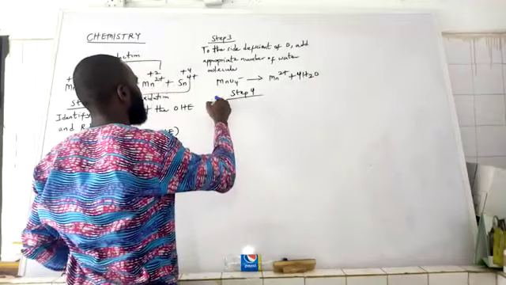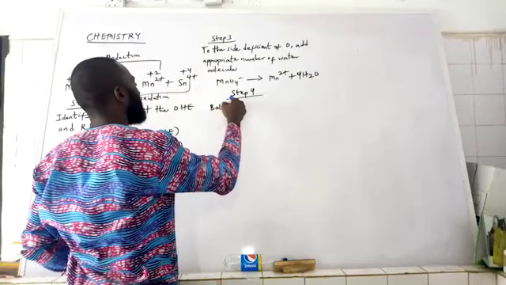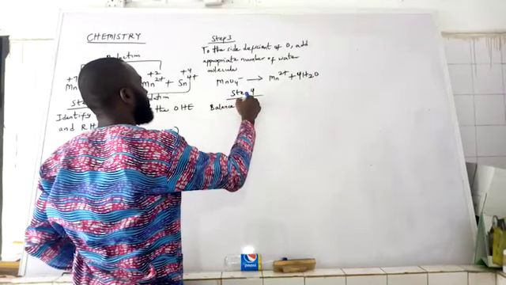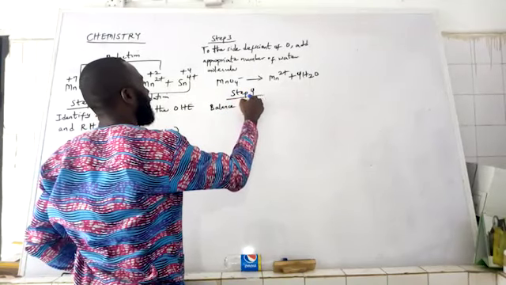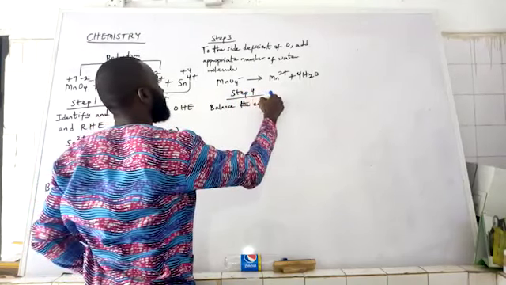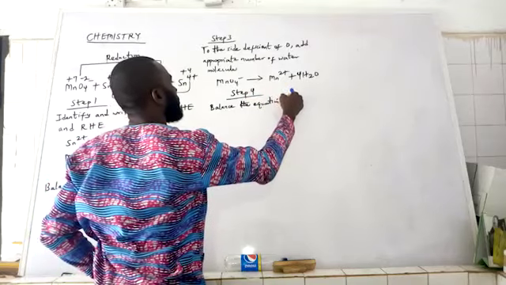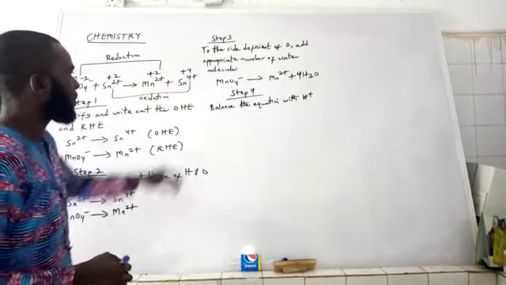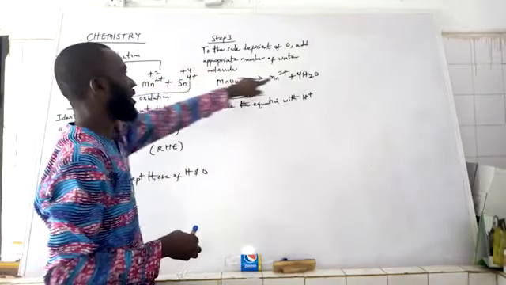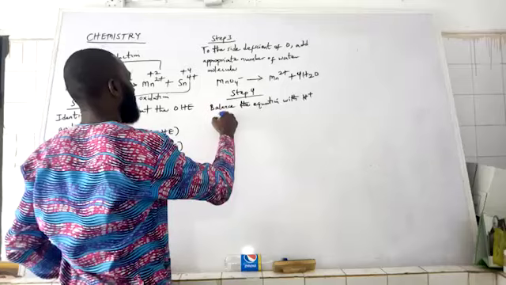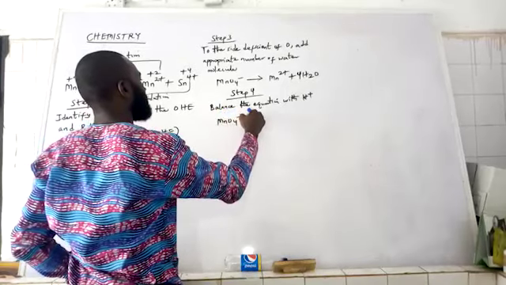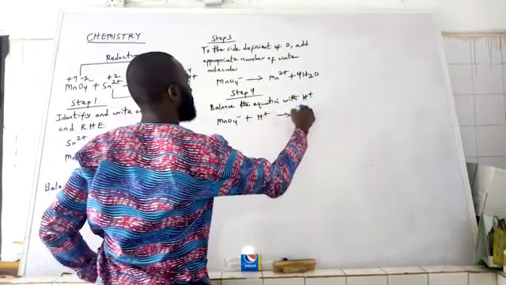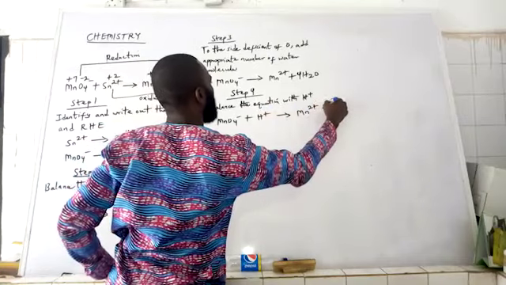So I'm going to balance the equation with hydrogen ion, which is proton. I'll bring in hydrogen ion to this side so that I'll be able to balance with hydrogen. So I have MnO4 minus plus hydrogen ion going to Mn2 plus 4H2O.